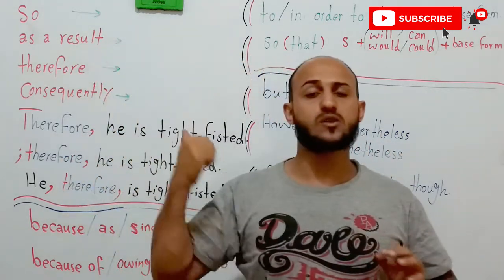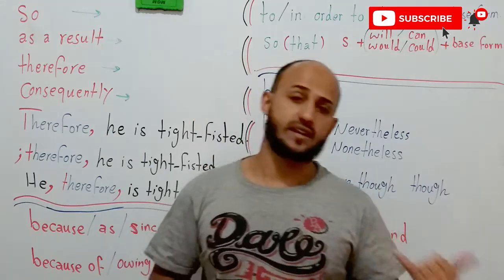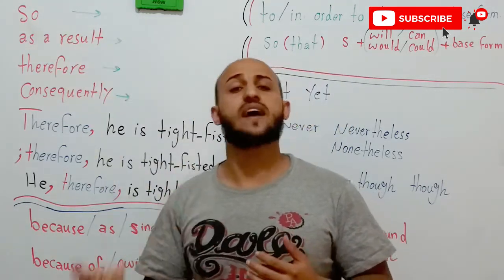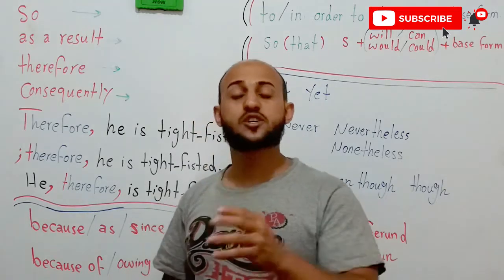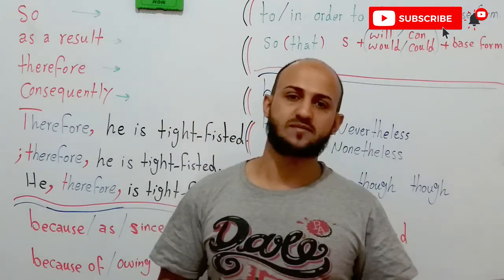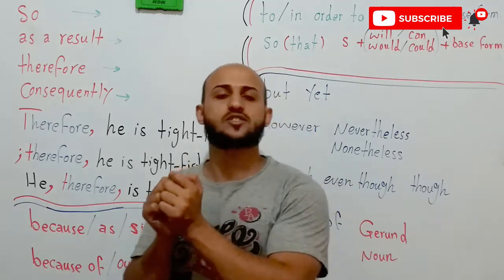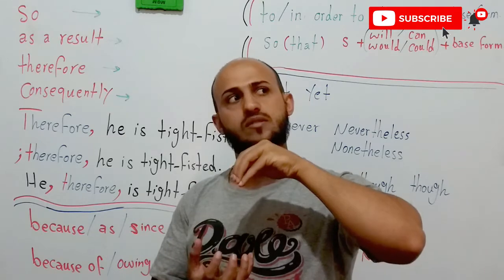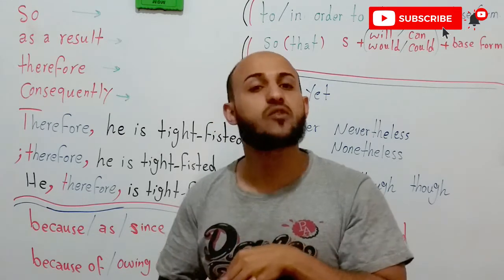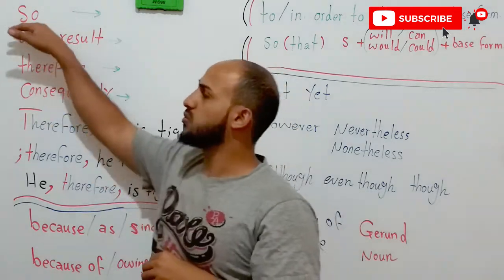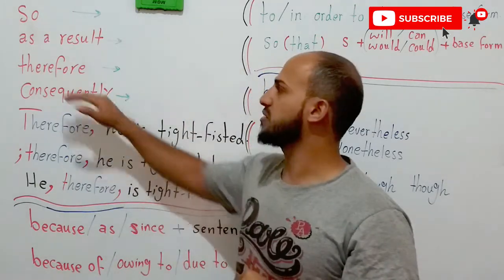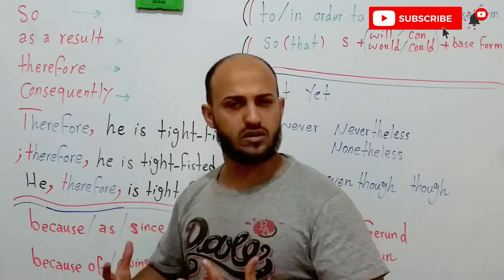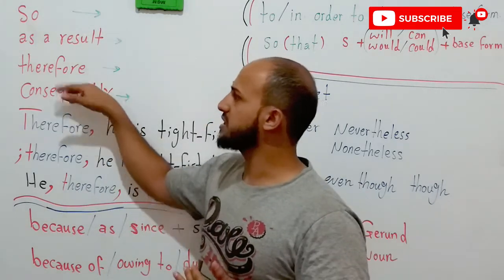But we need to understand, guys, we can use so in speaking and in writing. The word so is short and fast to use, so it is good when you are speaking, or when you are sending messages to your friends, where the information or message is informal. However, as a result, therefore, consequently are stronger.